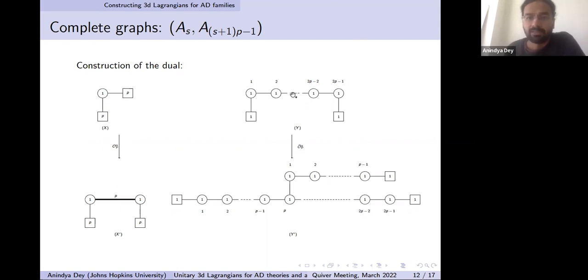Okay, so there's a node P here, and the effect of this S-type operation is the attachment of this tail. Now note that there is no abelian hypermultiplet here, and that's because the abelian hypermultiplet in this case is just a trivial bifundamental. Okay, so this is a special case. We'll see in later examples that's not the case.